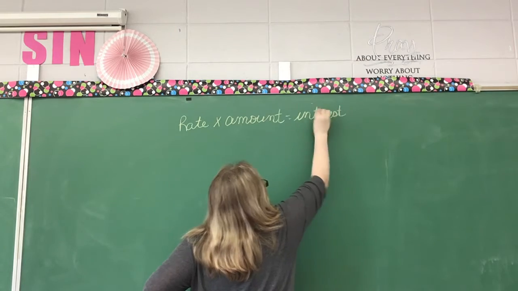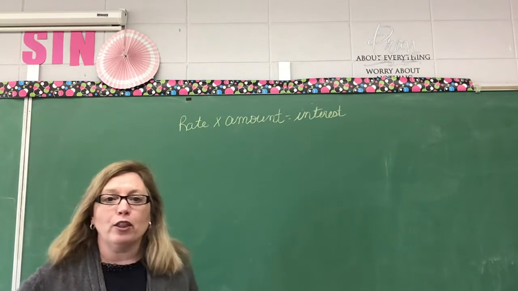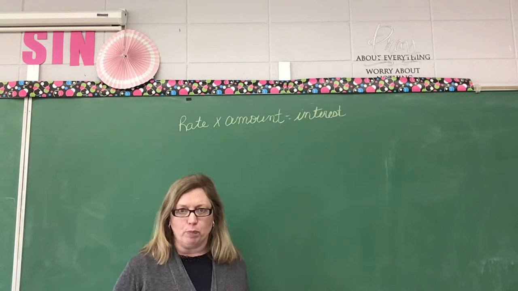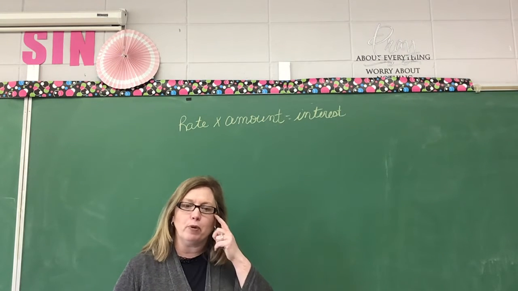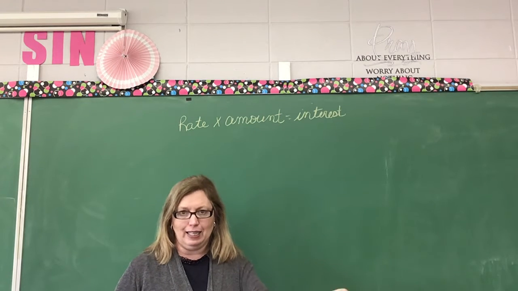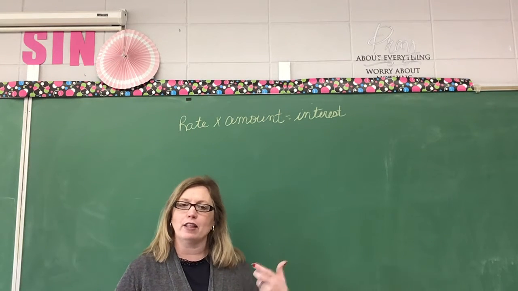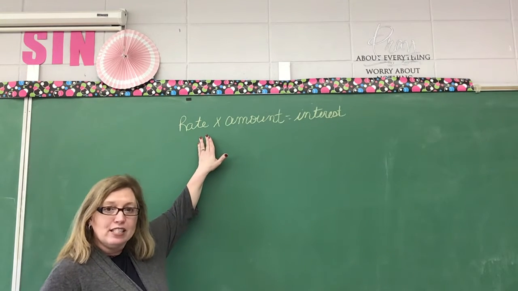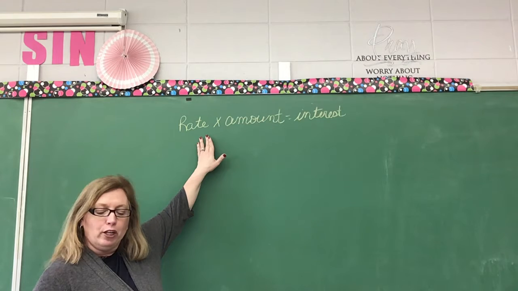Now, I told you that the word amount really is called the principal. Okay, it's called the principal. The principal is the amount of money you're placing into the bank that they're going to pay you interest on. The rate is the percentage they are going to pay you.